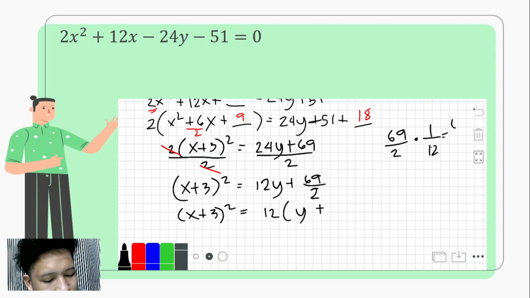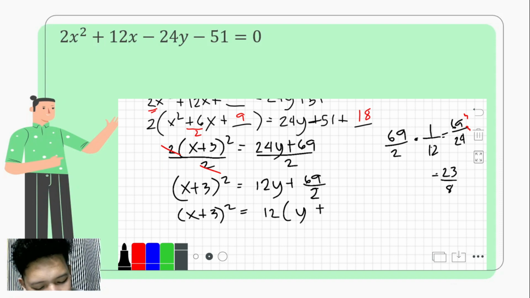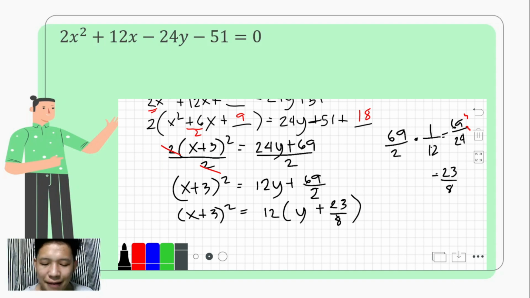That is what? 69 over 24. Or in lowest terms, the common factor is actually 3. So that would be 23 over 8. So we have 23 over 8. Okay? And then we have that.